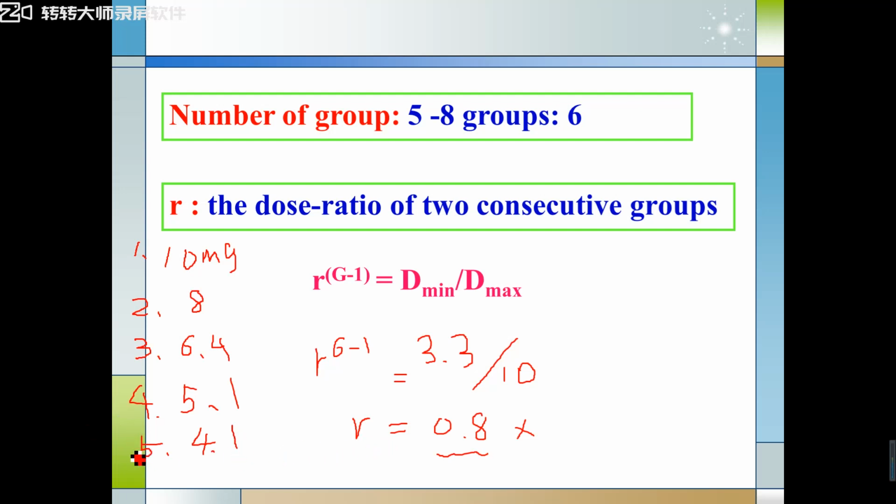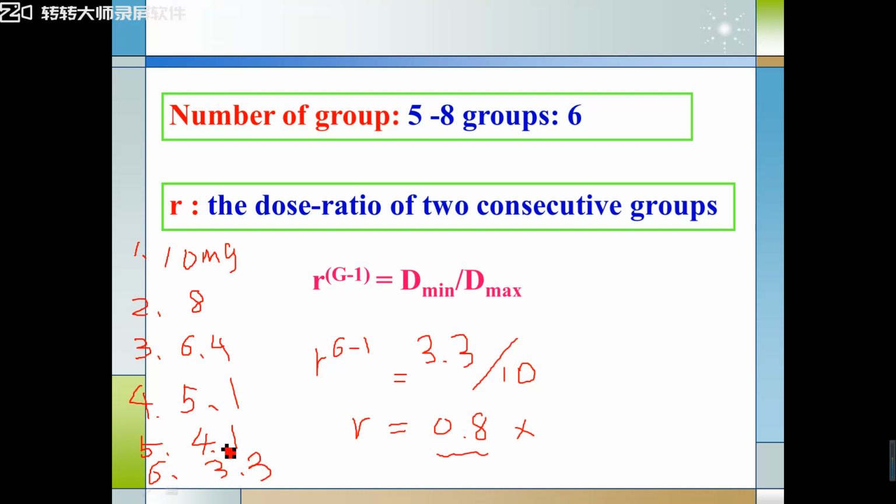And then the last group, the sixth group, we also use the same ratio, 4.1 multiply at the same ratio 0.8, and we can calculate it equals 3.28. Okay, 3.3.